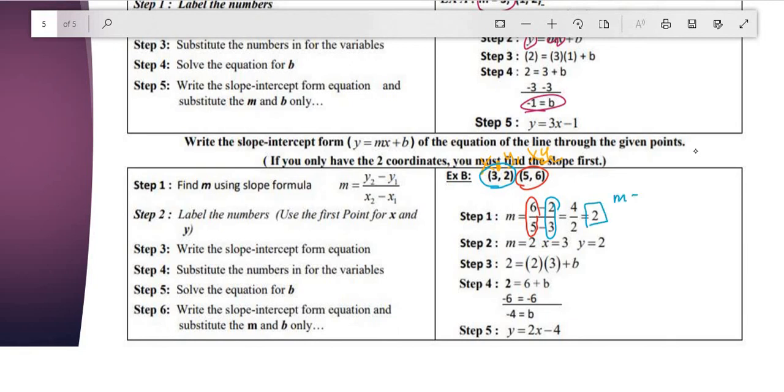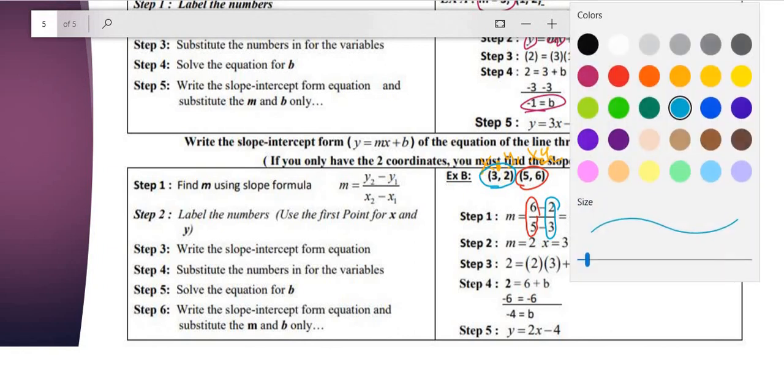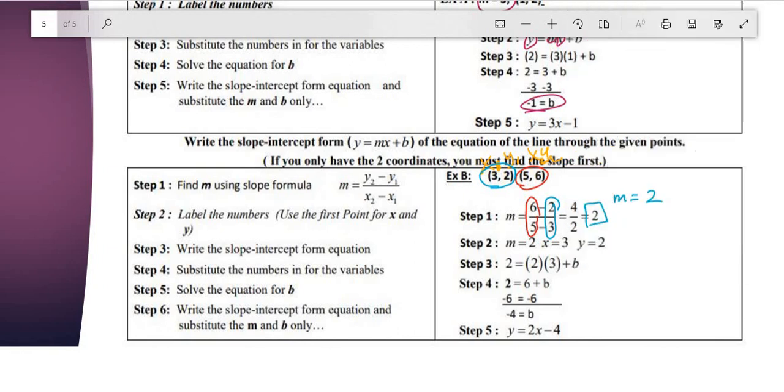So my slope is 2, and your x right here is 3, and your y is 2. So I'm going to substitute this in here, and like I said, once you find your slope, you can use any set of points that you want. We're using this set of points right here, and this is where the x and the y came from. Now I'm going to substitute it back into y equals mx plus b.